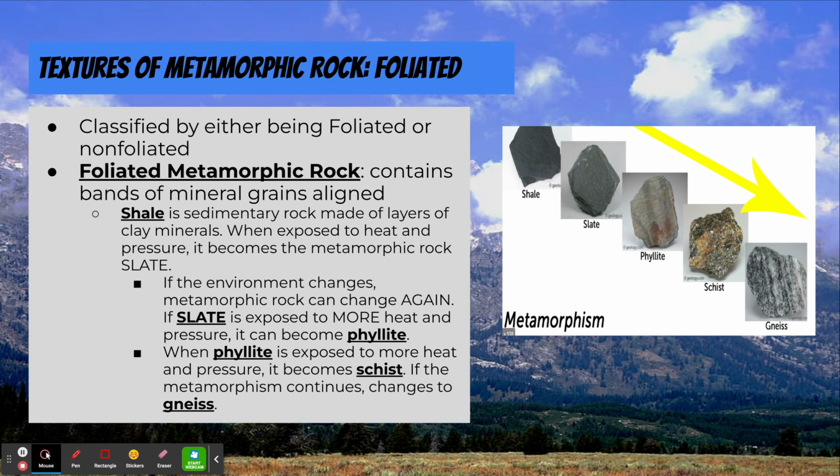If the environment changes and the metamorphic rock is put under more heat and pressure, that slate will then become phyllite. And then, if phyllite is put under more heat and pressure, it will become schist. And if schist is put under more heat and pressure, it becomes gneiss.